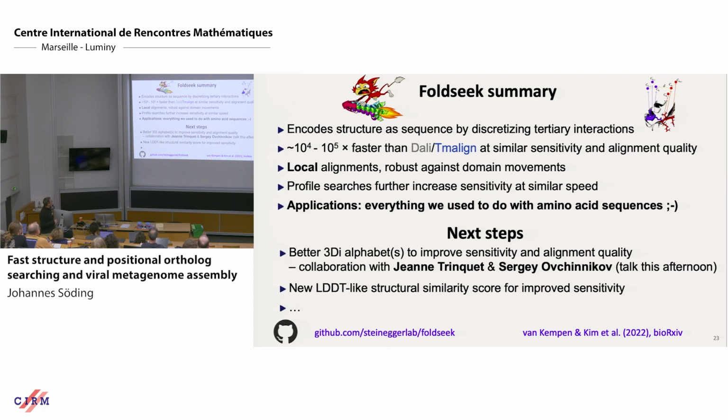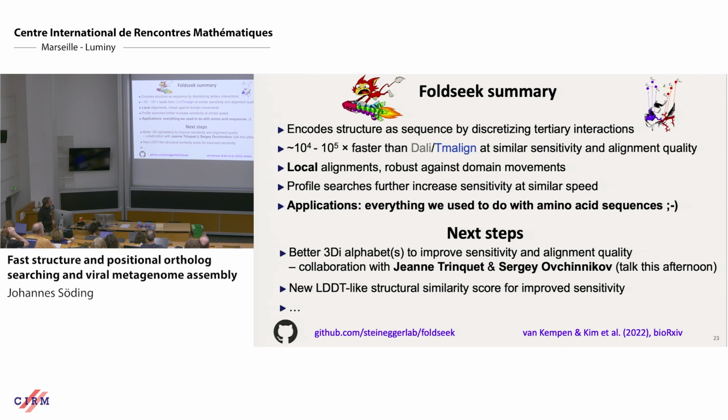Yeah, and the next steps for us are, we want to have an even better alphabet, and we have a collaboration ongoing with Jeanne Trinquet, who is in the audience and who will give a talk later, and Sergei Ovchinnikov, with whom she did an internship. So this is, I think, a very elegant method that you'll hear about, and very different from the one that we used here.